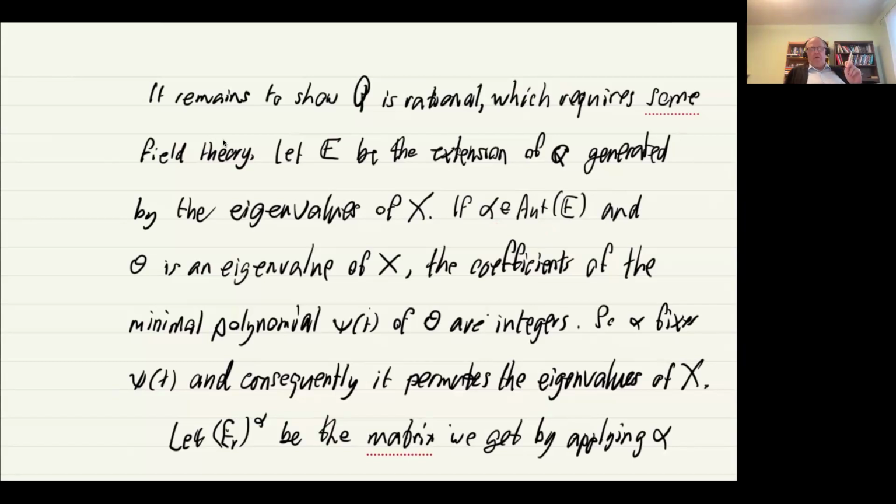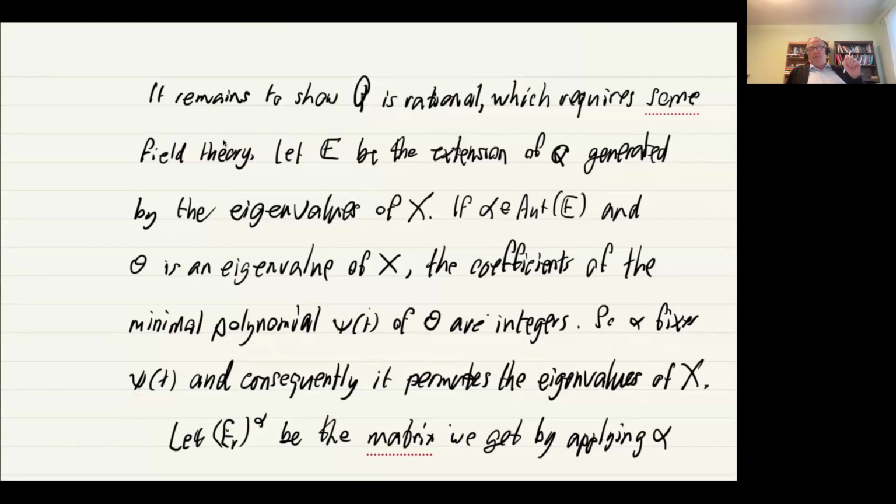So when you apply the field automorphism to that polynomial, the only thing that changes is theta. So the point then is that alpha fixes the polynomial, and this implies that it permutes the zeros of that polynomial.